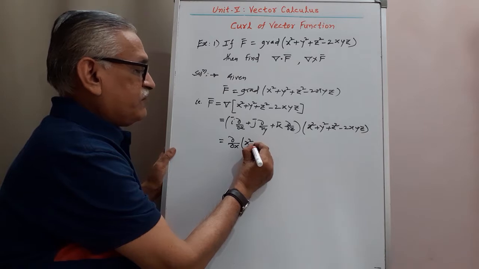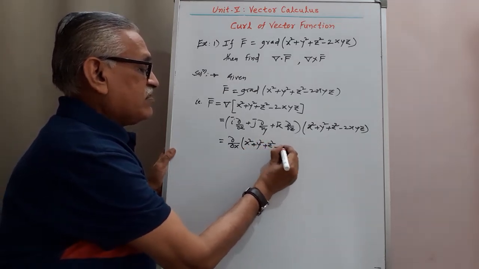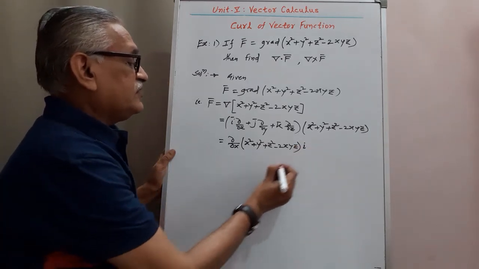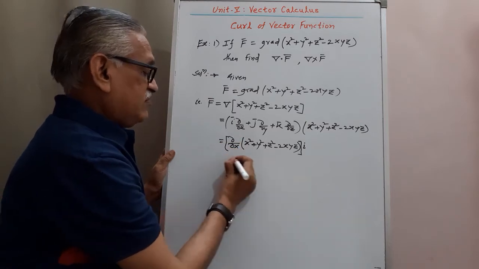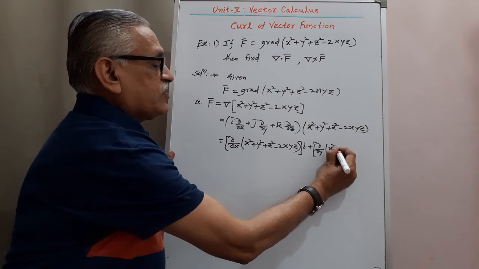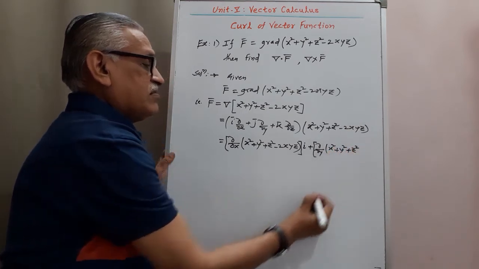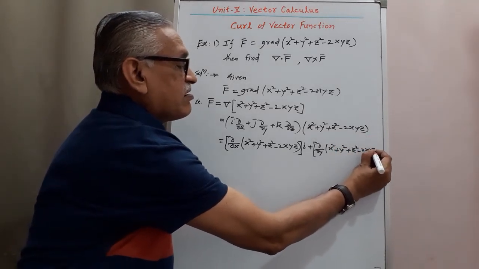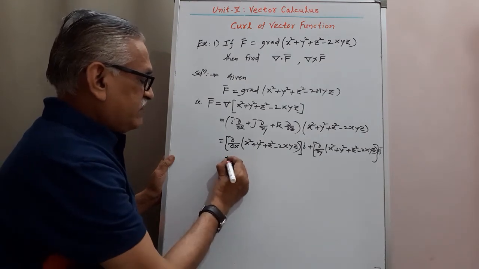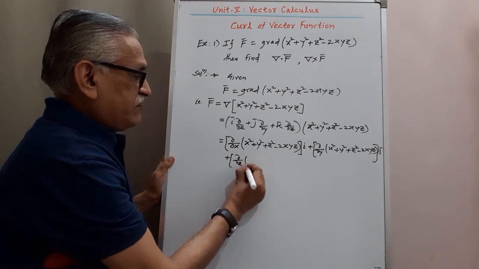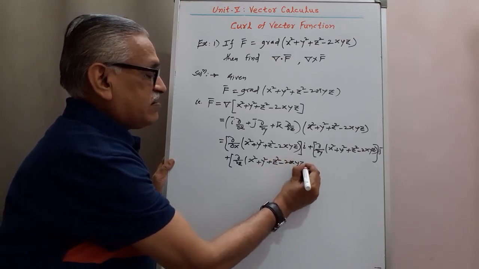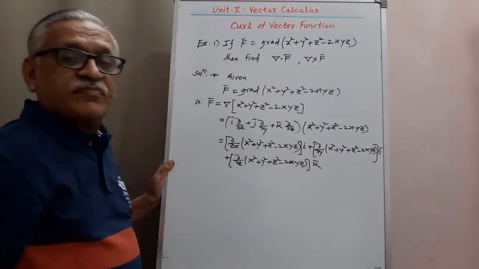Therefore, it is derivative of x square plus y square plus z square minus 2xyz into i, plus differentiating it with respect to y, it is x square plus y square plus z square minus 2xyz into j, and then differentiating with respect to z, we get plus dou by dou z of x square plus y square plus z square minus 2xyz into k.